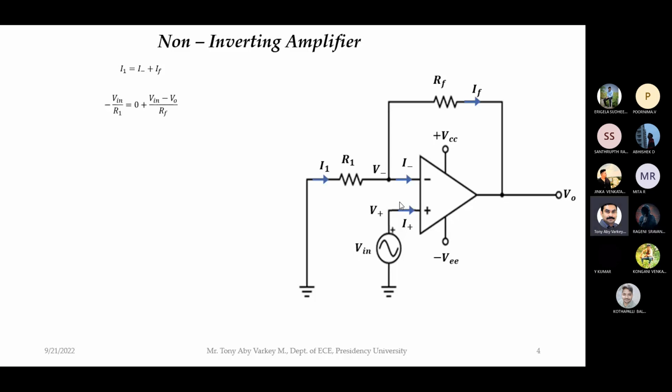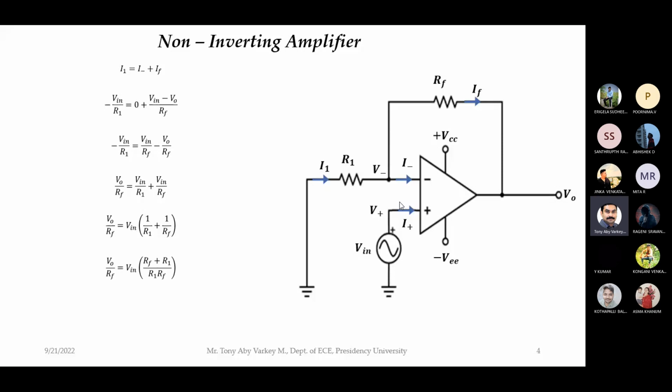So now from this, I can find an expression for VO. I am writing minus V in by R1 equal to V in by RF minus VO by RF. So VO terms I am bringing to one side. So it will become VO by RF is equal to V in by R1 plus V in by RF. V in is common, I am taking outside from the right side. So VO by RF is equal to V in into 1 by R1 plus 1 by RF. Now I am going to take the LCM.